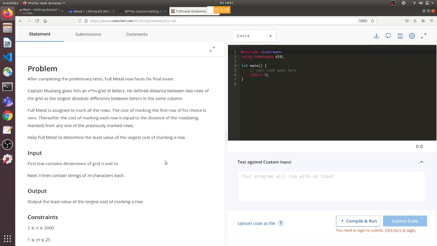Full Metal is assigned to mark all the rows. The cost of marking the first row of his choice is 0. Thereafter, the cost of marking each row is equal to the distance of the row being marked from any of the previously marked rows. Help Full Metal to determine the least value of the largest cost of marking a row.